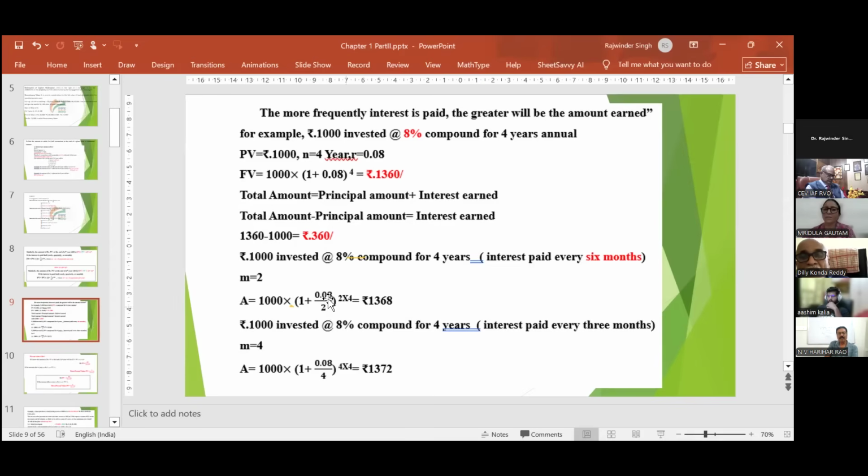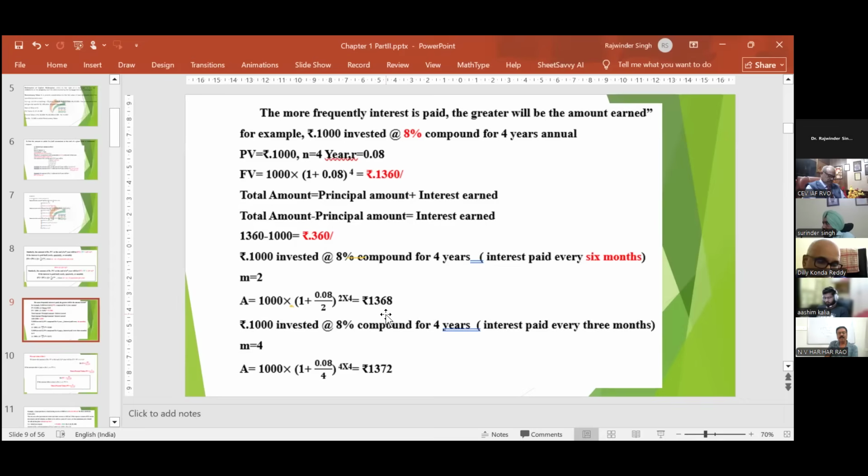Now instead of rupees 1,360, you will be getting 1,368. So with 2 compoundings each year, you are getting 8 more rupees.